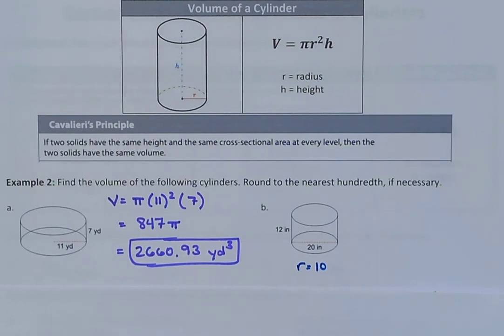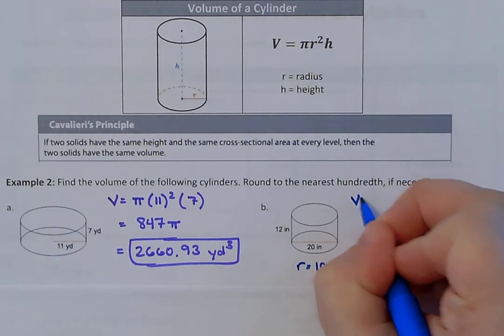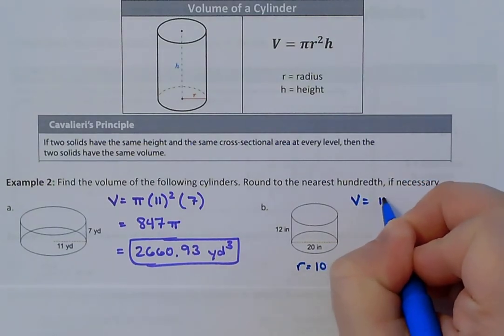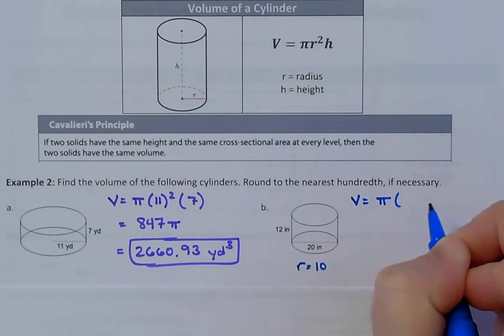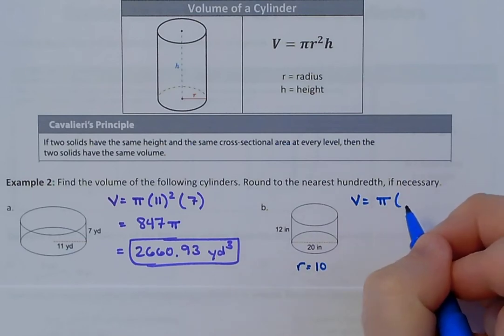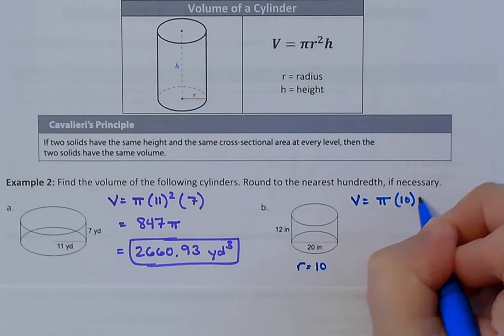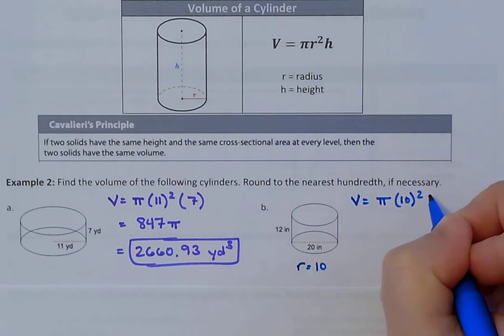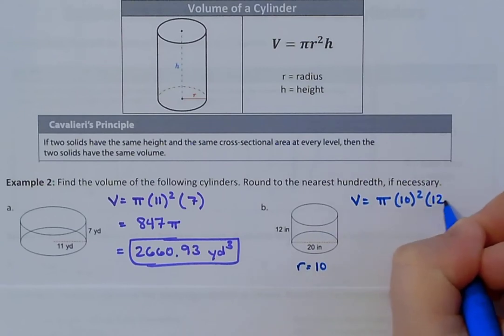They tell you the diameter, the full distance across that circle base, so just divide it by 2 and that tells you the radius. From there, the volume formula is V equals pi r squared times the height, which is pi times 10 squared times 12.